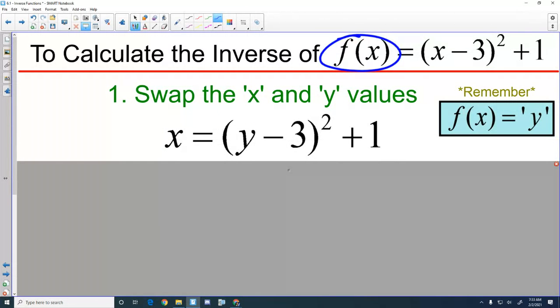Notice, the only thing that I did is I swapped the x with the y. You switch where the x is with where the y is. Write this down. So you're swapping your x and y values.